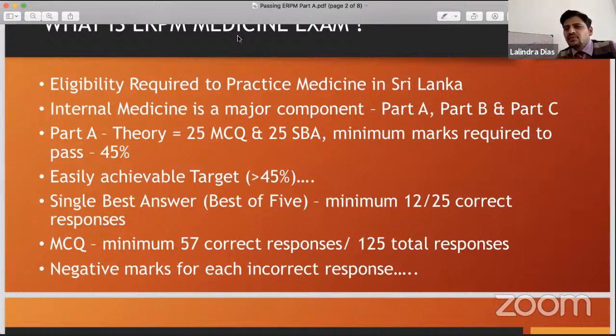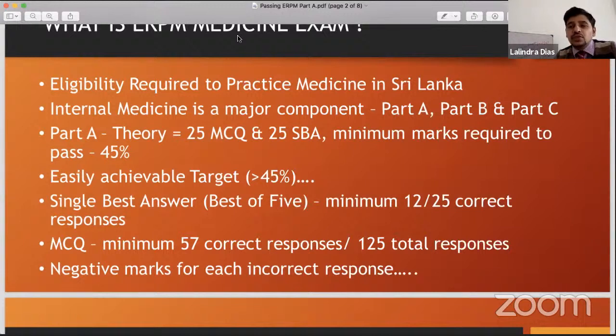Look at this, guys. When you see this, it is shockingly easy, isn't it? You will say, my God, is this an exam? It's not worth an exam. Look at the single best answer paper: there are 25 questions and you don't get any minus marks.